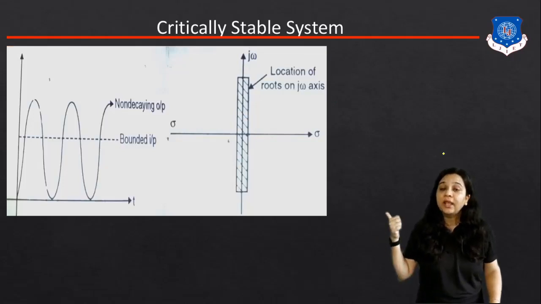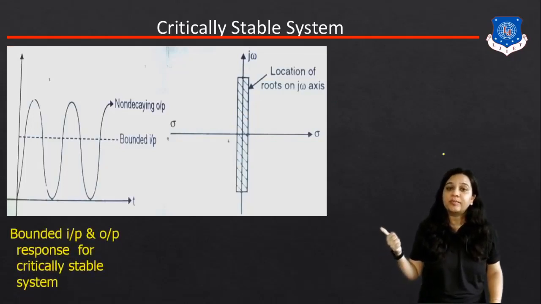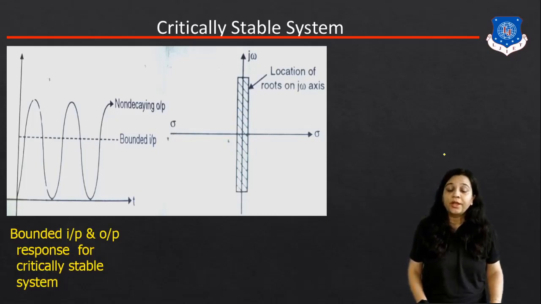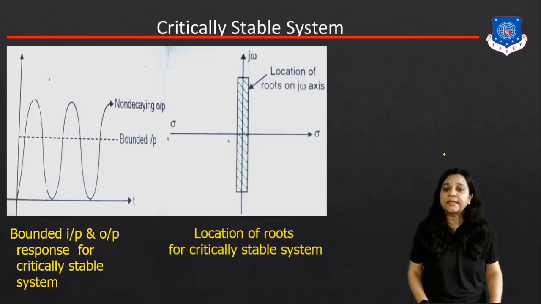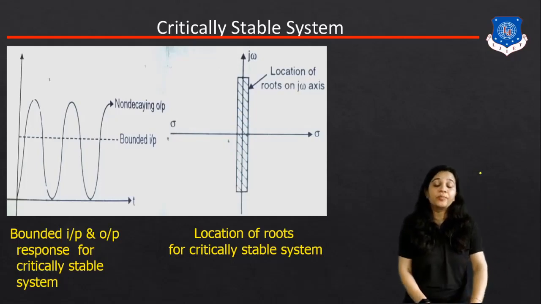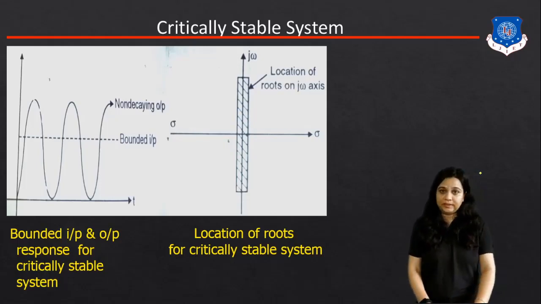So this is the graph of the critically stable system, the bounded input and output response for the critically stable system. It will be increasing or decreasing, so we cannot identify the exact value of the output. Now what is the location of the poles for this critically stable system? The poles and zeros are on the imaginary axis.